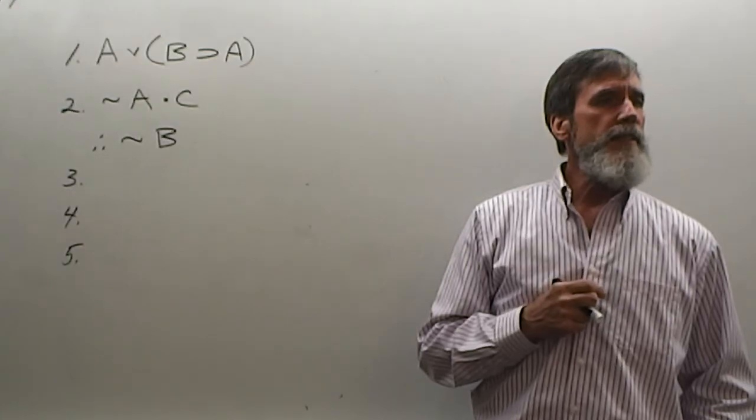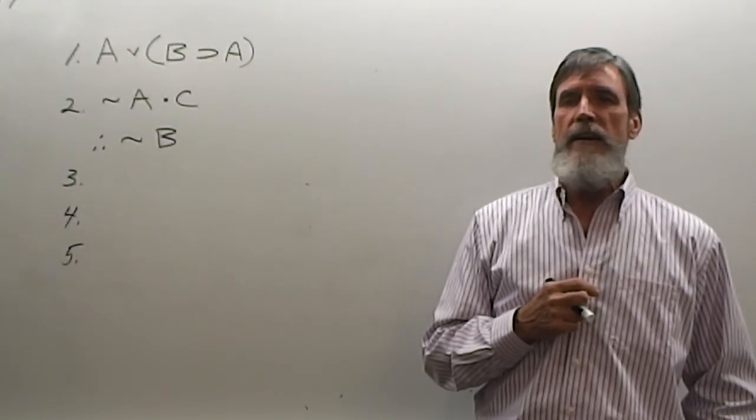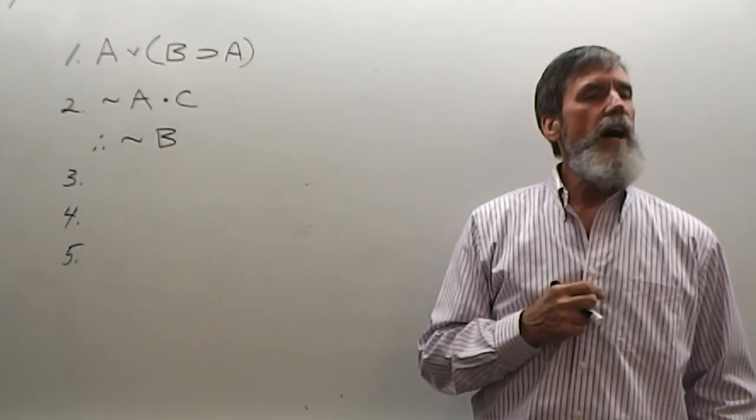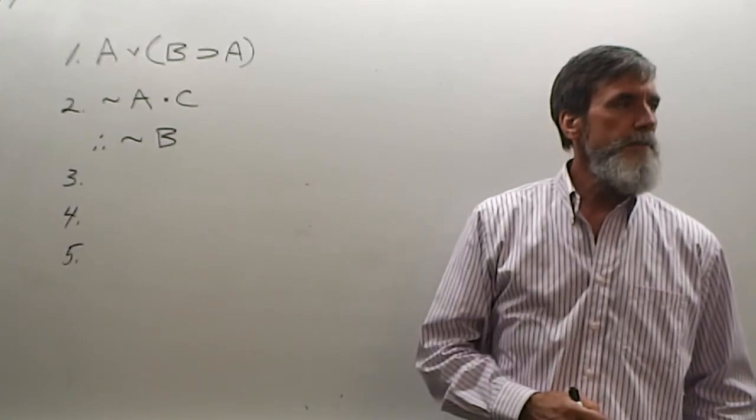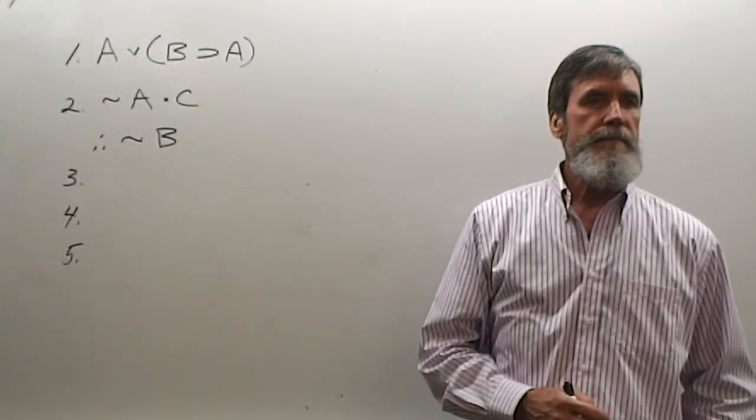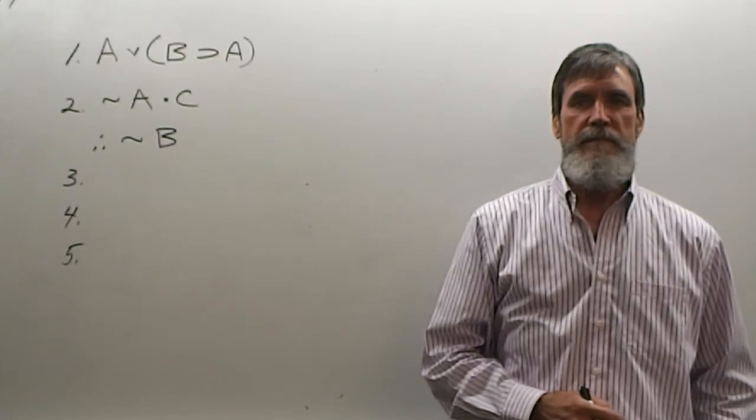Our second premise is a dot. We only have 1 rule of inference that uses a dot or a conjunction as a premise. And that is?